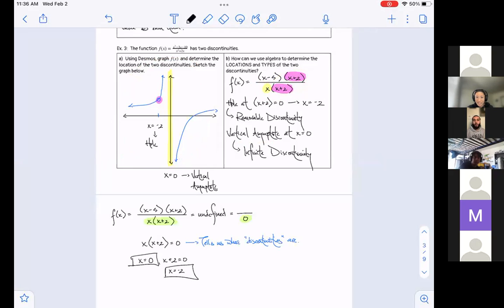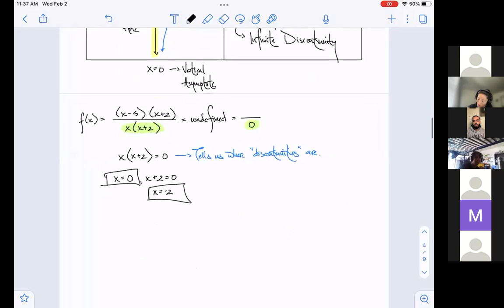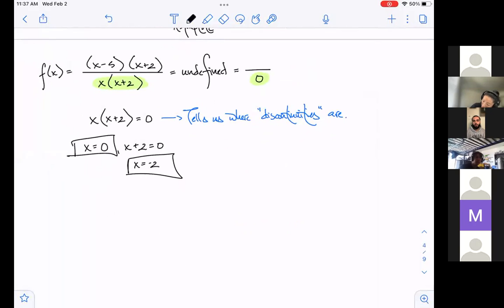Will you only have an infinite discontinuity when you have an x squared in the denominator? No, that's a great question. So for example, can you build me a function where the denominator could be 0 for some value of x? Do you mean like, let's say I put x plus 3 in the denominator? Okay, all right.